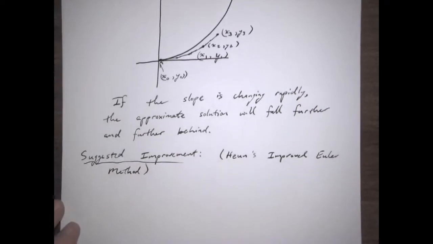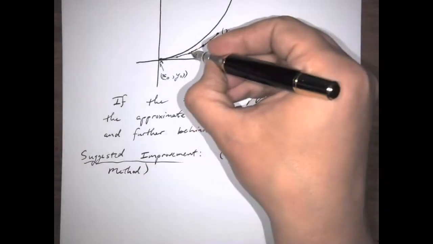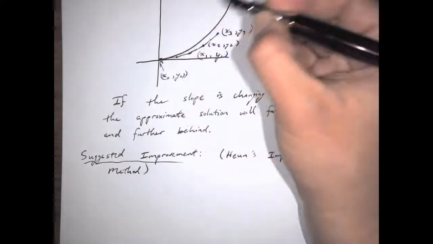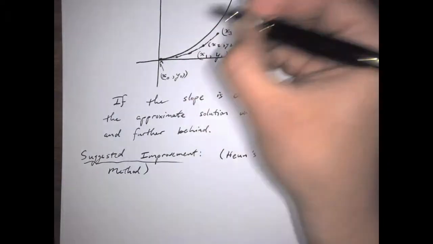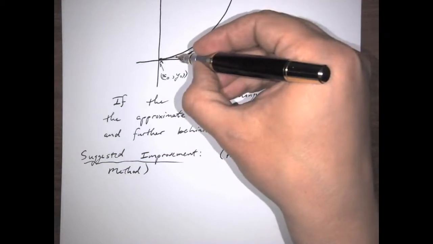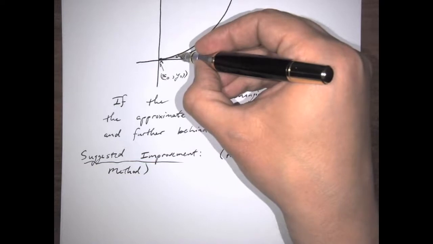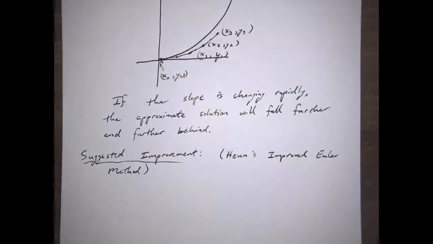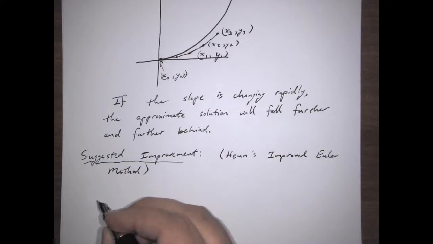So here's the suggested improvement. Rather than taking as gospel the new y value, and then basing everything from there, what we'll do is we'll take what would be the projected new y value, synthesize that with the original one, and blend the two things together to get an averaged slope between the two places.